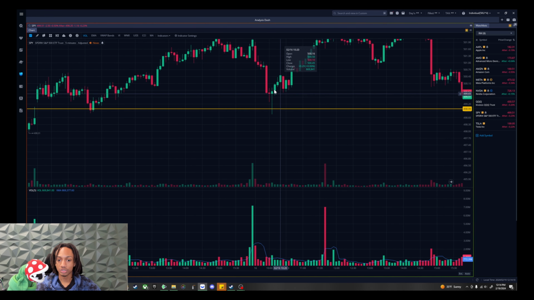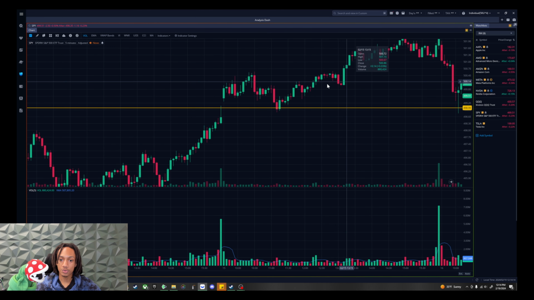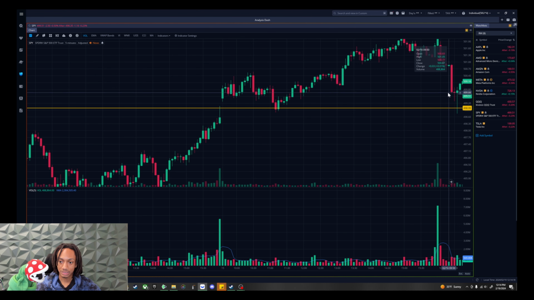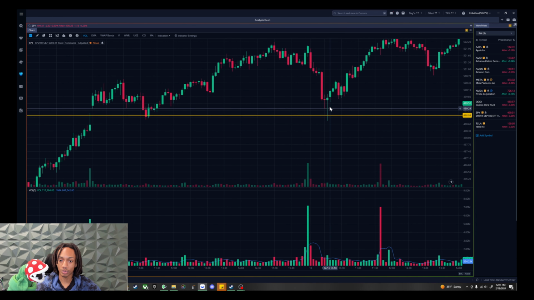Say there was nothing else here, right? Say you recognize this support, and then you saw, boom, this above average volume hammer candle. You could enter the trade right here and have a high probability chance of it working, just because you had the volume, the support level, and the hammer candle.